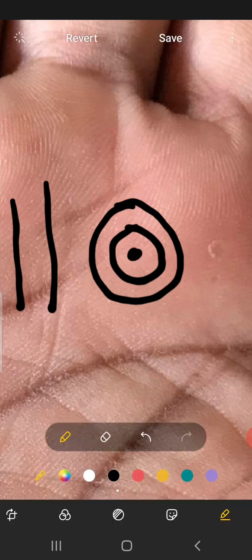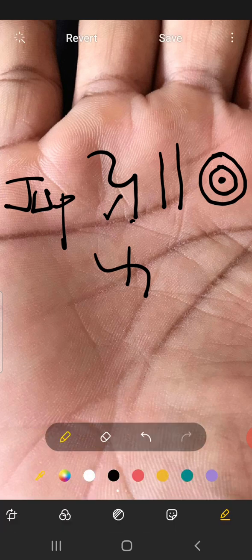At times you will also see a symbol like this. So these three are Jupiter's signs. You could also have a symbol like this. It looks like a swastik. That also shows Jupiter. So you can have different variations of this.